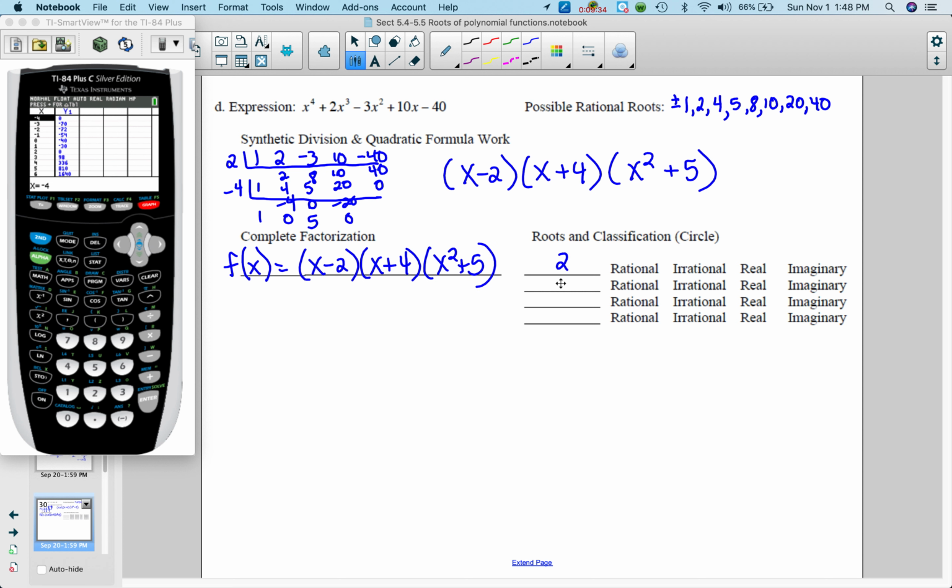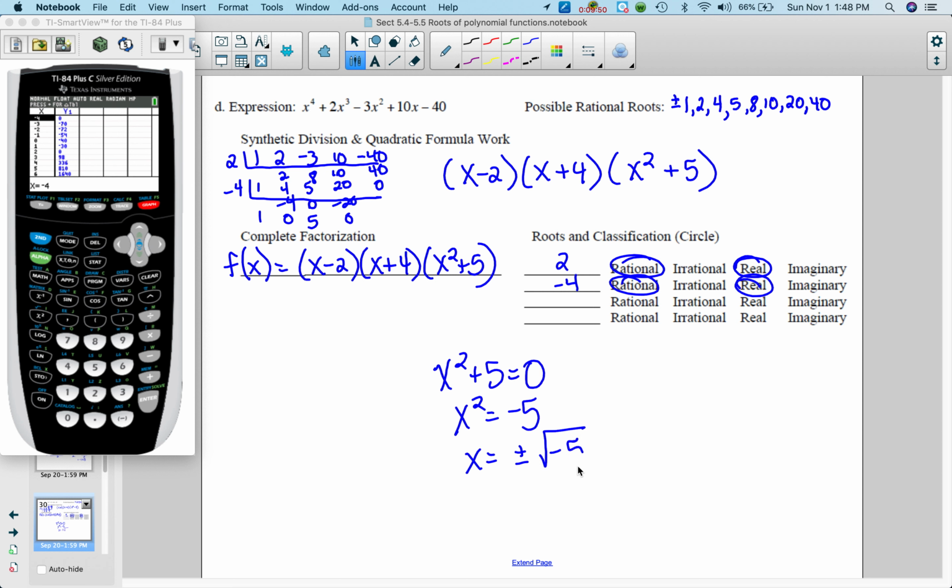We have a 2 and a negative 4 that are rational and real, but then we have to solve this. x squared plus 5 equal to 0, so x squared is equal to negative 5, so x equals plus or minus the square root of negative 5, which is plus or minus i root 5.